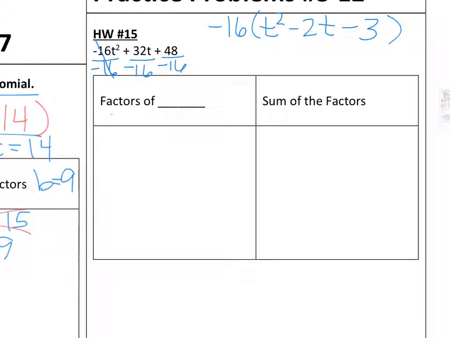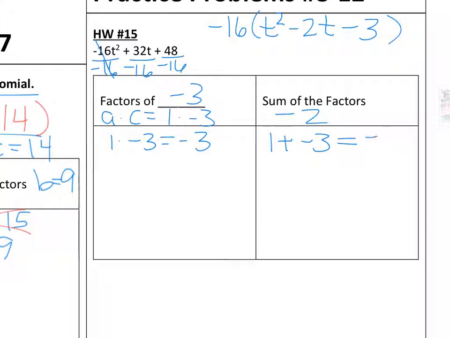So I want to do a times c, which is 1 times negative 3, which is negative 3. And the sum needs to be our b term, which is negative 2. So multiplication that equals negative 3 is going to be 1 times negative 3, and then 1 plus negative 3 is negative 2. So we have found our factors.